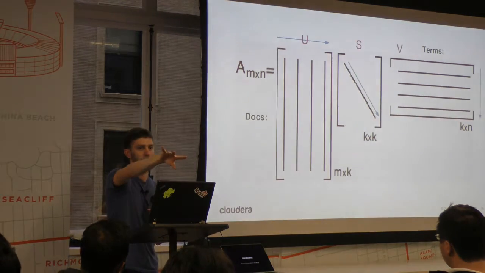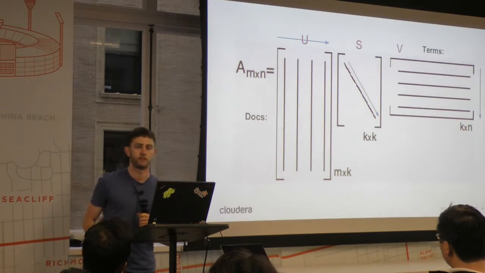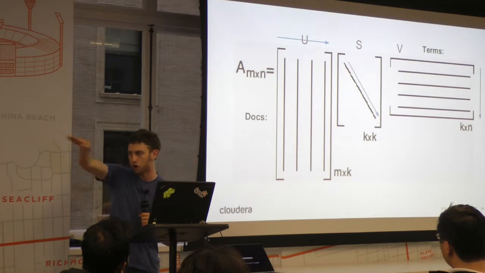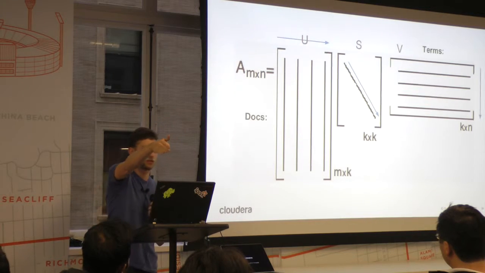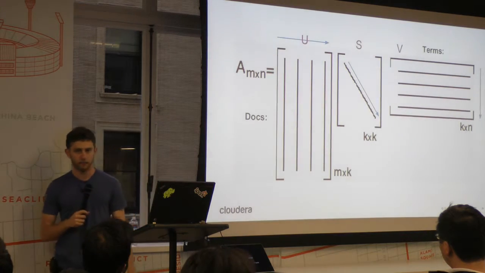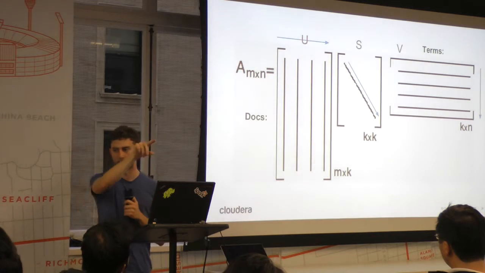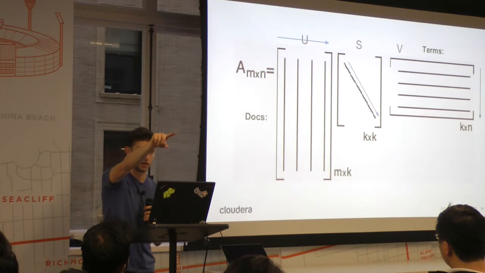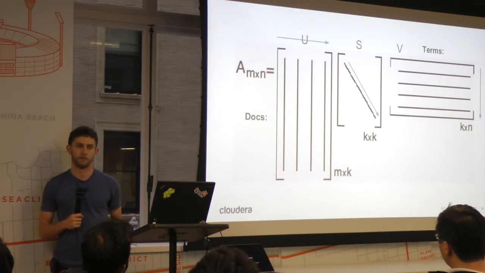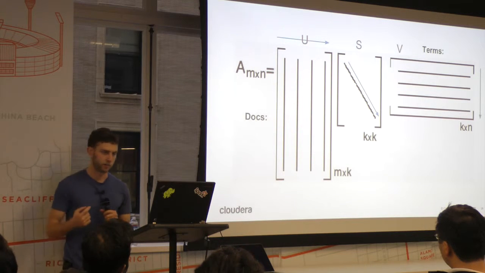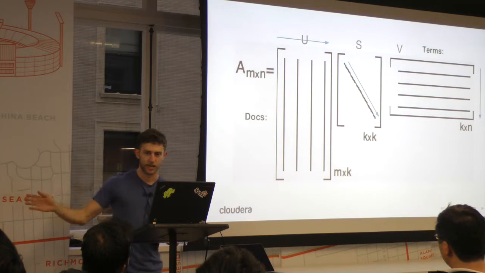What's really important to understand is that there's this matching between columns of U, the document matrix, and rows of V, the term matrix. What unites these two, with this S matrix in the middle, is that there's a single value for every concept in S. As we look down the diagonal of this matrix, there's a value per concept, and that value expresses the importance of that concept in the entire data set.